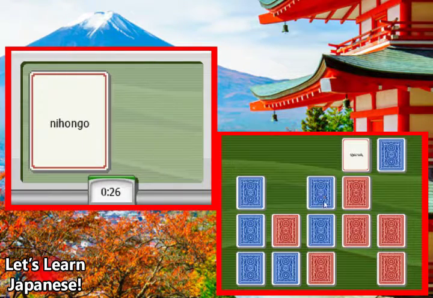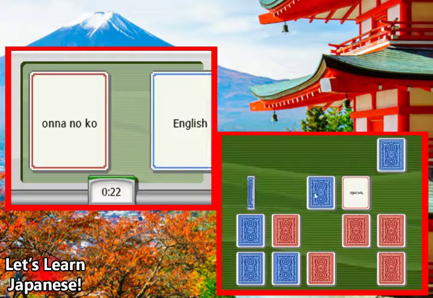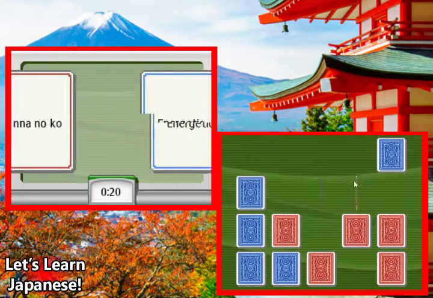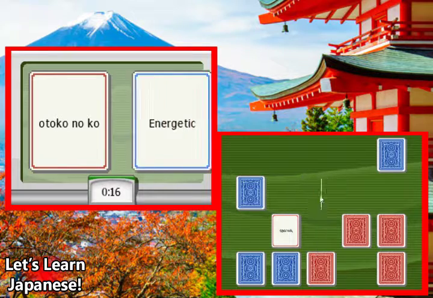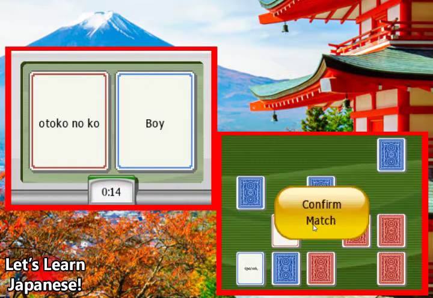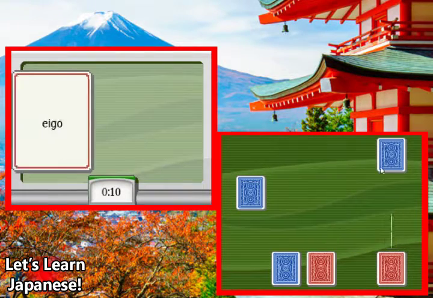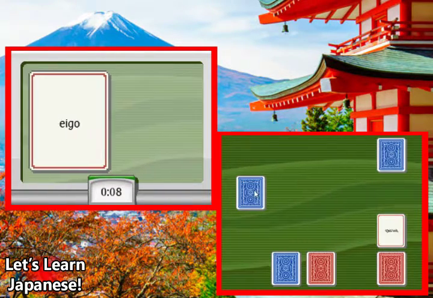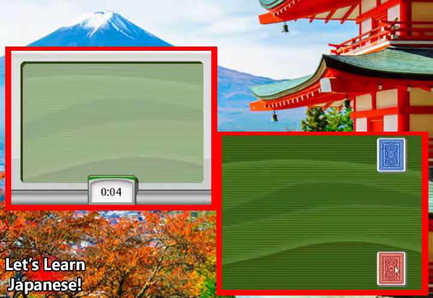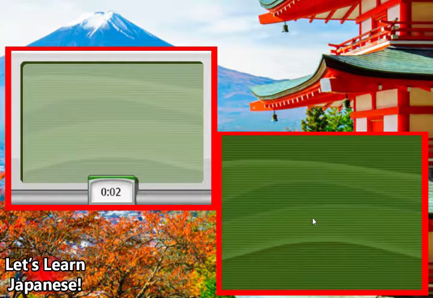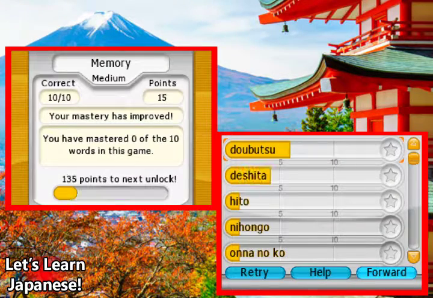Nihongo is Japanese. Onnanoko is girl. Otokonoko is boy. Genki is energetic. Eigo is English. Neko is cat. Just barely got through that. See, I even said it right too, and I got confused.